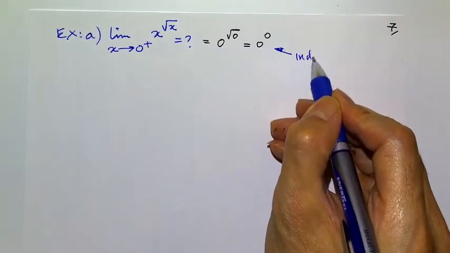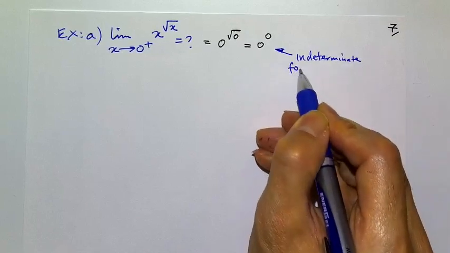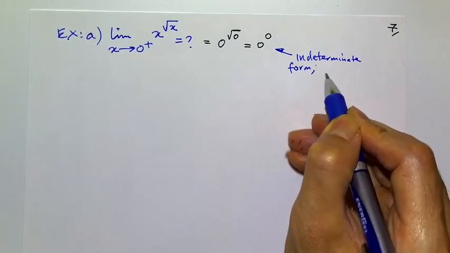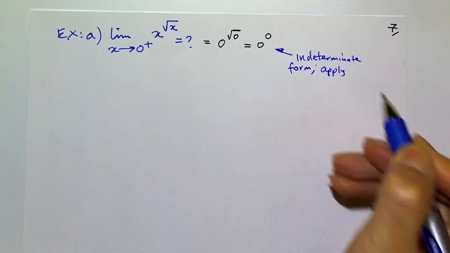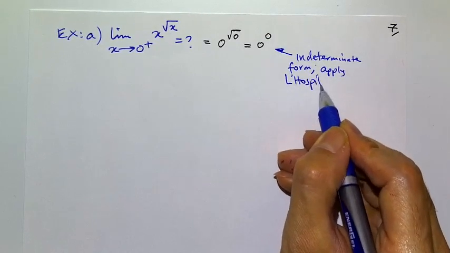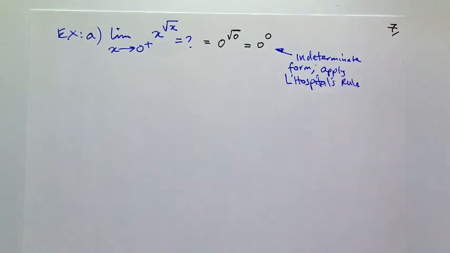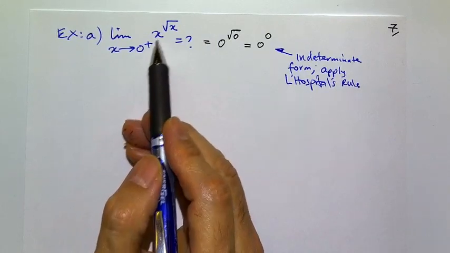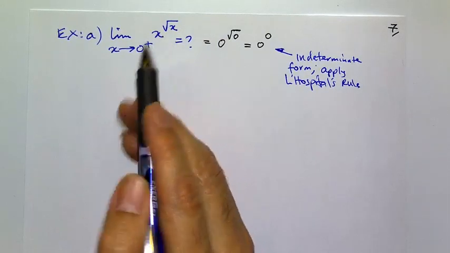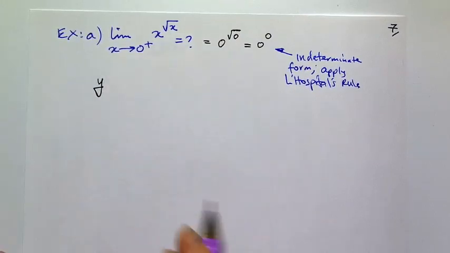So this is an indeterminate form, and we have to apply L'Hopital's rule. We're going to do that method step by step. First, we're going to set this expression equal to y. So let us do that.